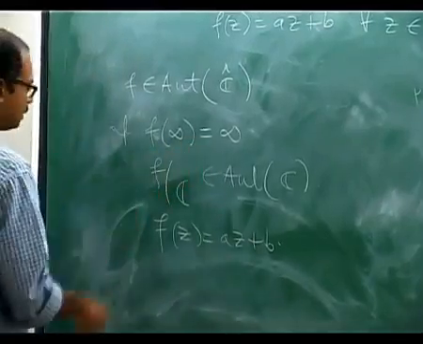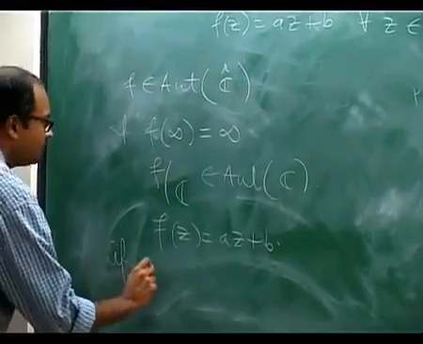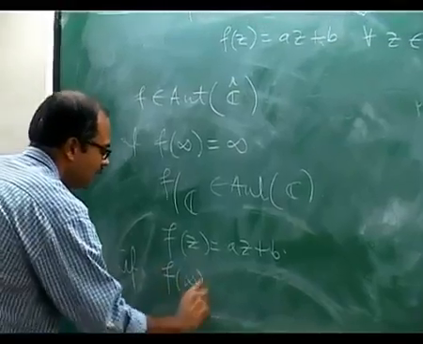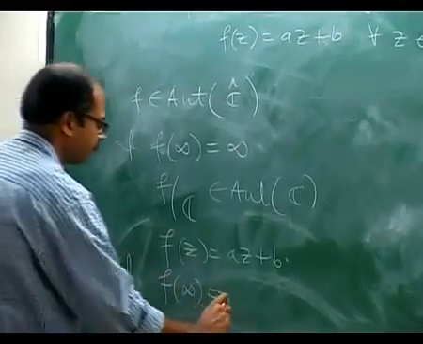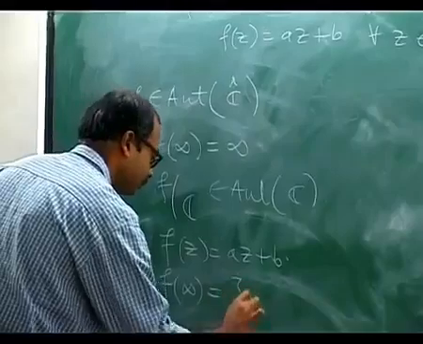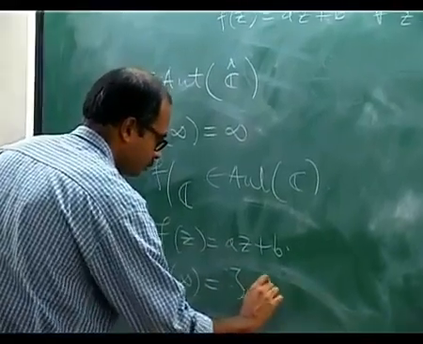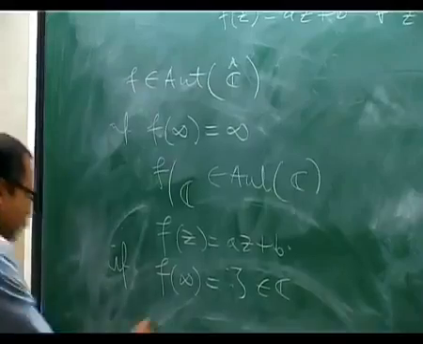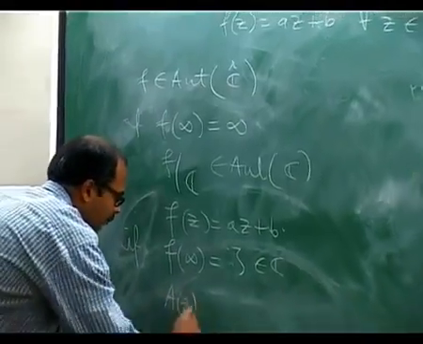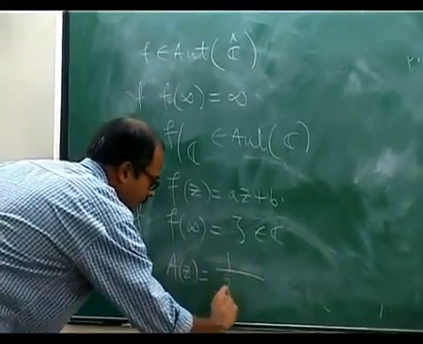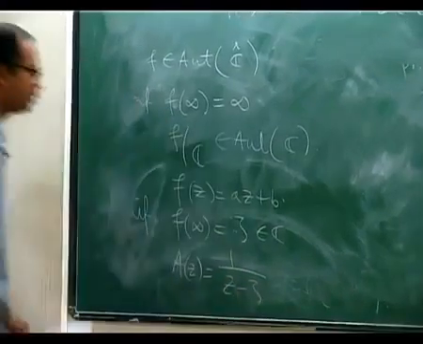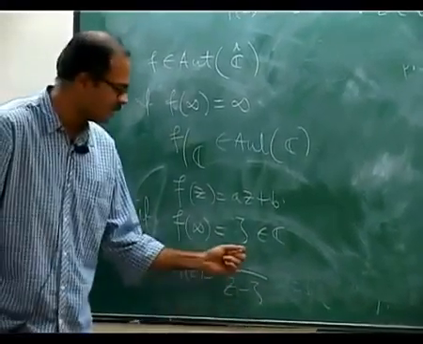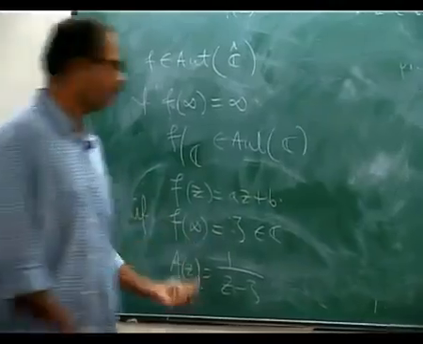But if it doesn't, suppose it takes infinity inside the complex plane, to some zeta inside the complex plane. Then what I do, I take a map which takes this zeta to infinity and then compose.